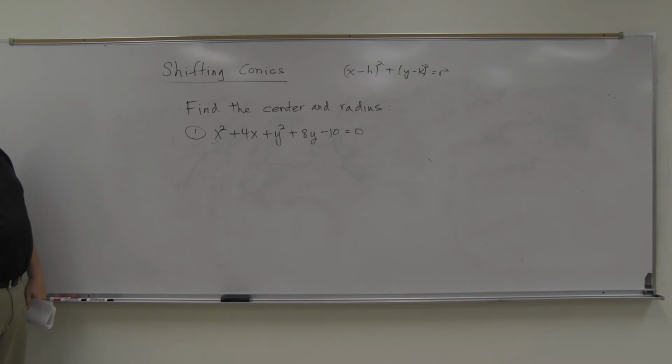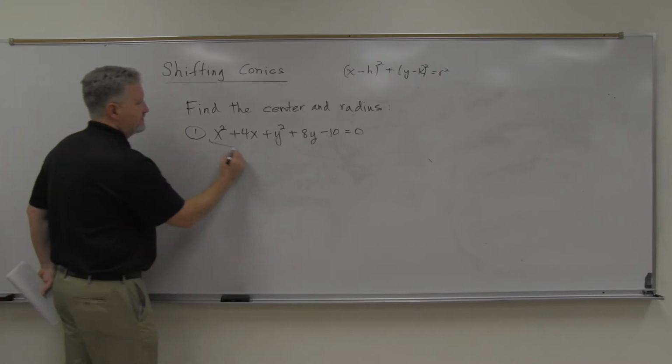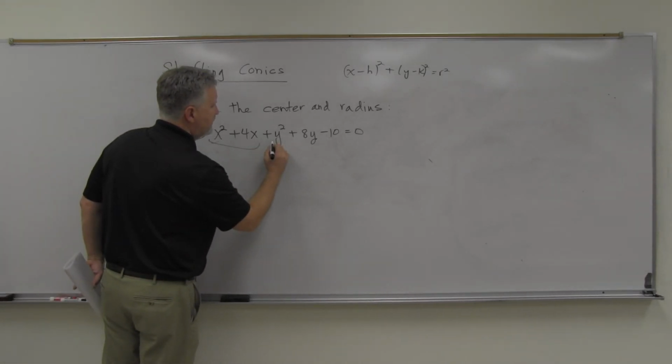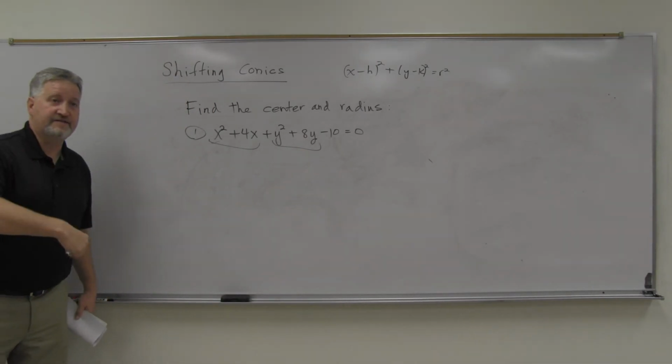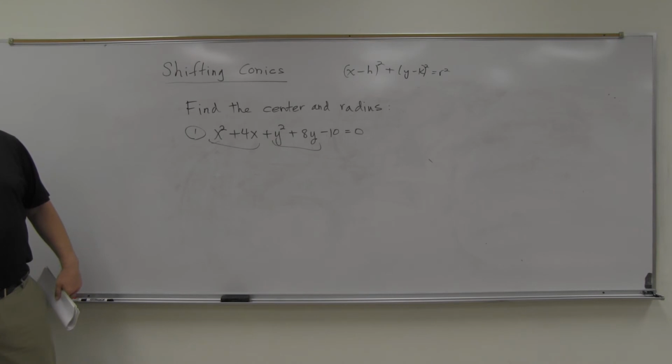That would be a better format, and I could tell a whole lot more about this circle. Well, what I need to do is a couple of completing the squares. I need to complete the square on the x's, and on the y's.